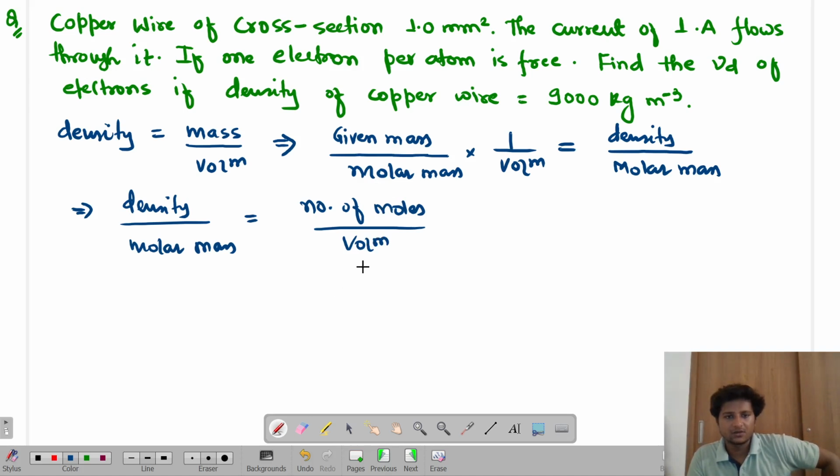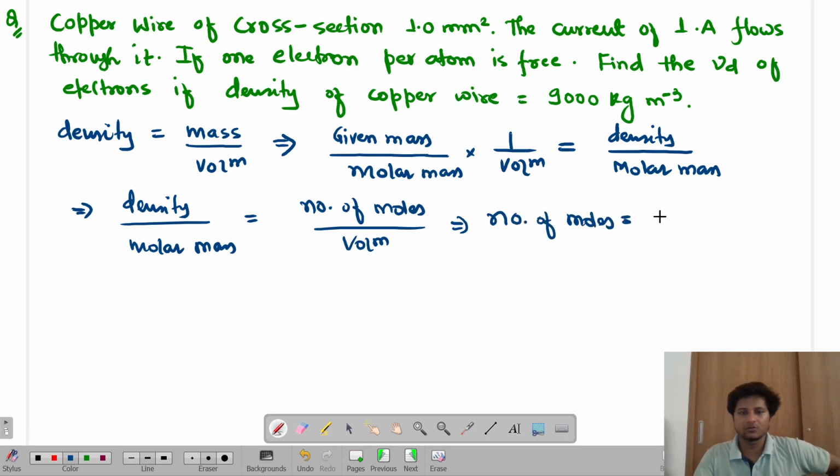So number of moles is equal to density, 9,000, divided by molar mass 63.5, but it is in grams, this is kg, so 10 to the power of minus 3, it will become 10 to the power of 3 on top.